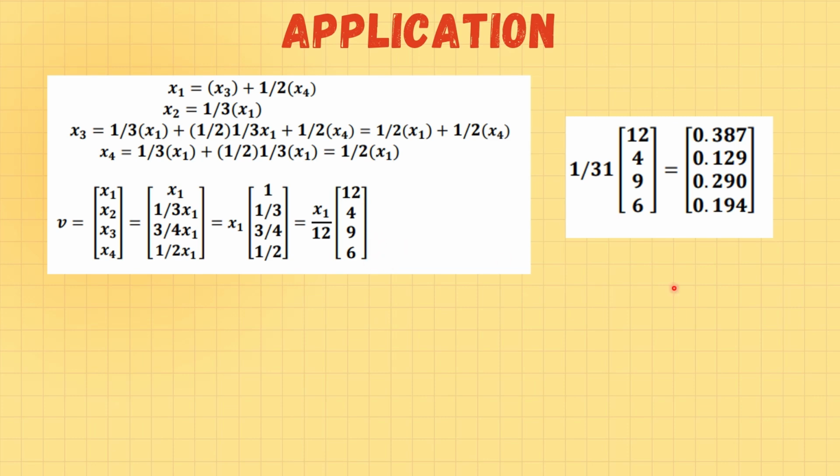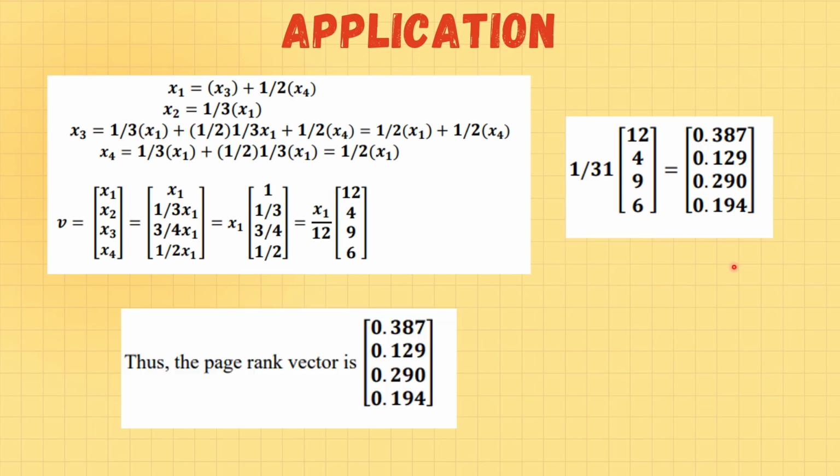Now we multiply by 1/31 because its eigenvalue is 1, and 31 is the total sum of 12 plus 4 plus 9 plus 6. We get 31, and the final answer is the PageRank vector.